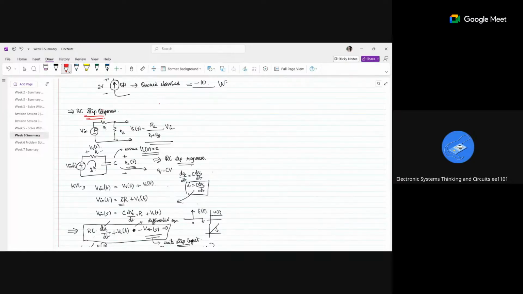So this comes under the topic RC step response. What a step input is, is a signal that looks like this. For the negative values of time, there is zero input. For the positive values of t, you will have a certain value.